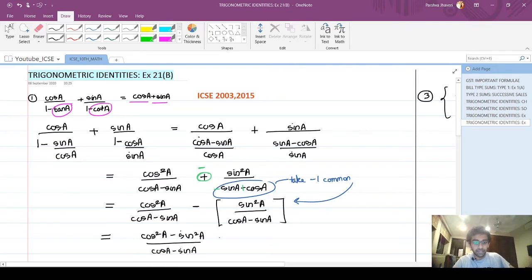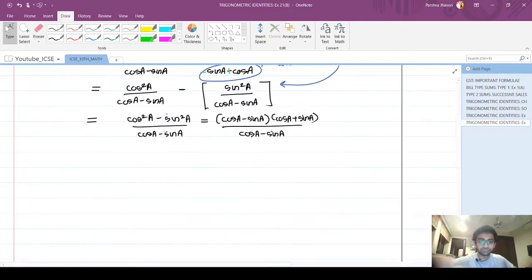Now over here we'll use nothing but the A square minus B square formula. So I'll use A minus B into A plus B upon the denominator. Now if you notice, cos A minus sin A is there in the numerator and denominator, so we can have that cancelled.